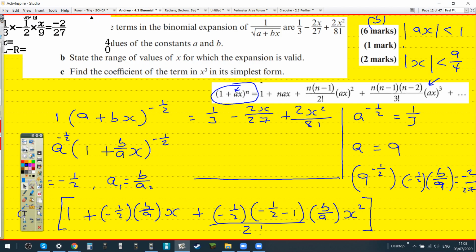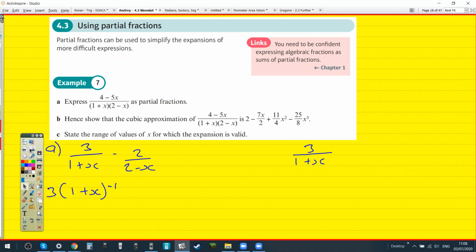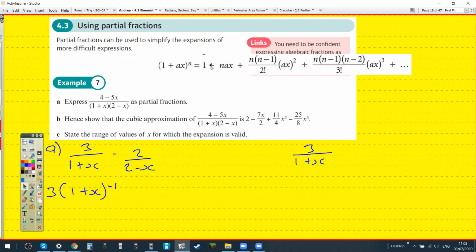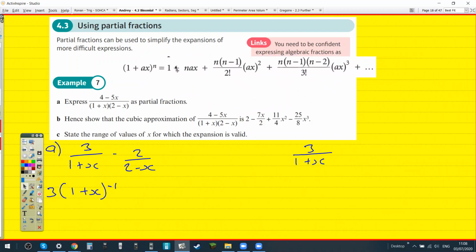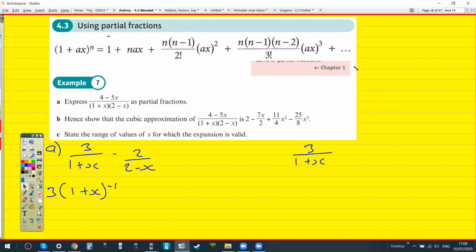No. I'll never forget this formula though. Okay. So they want it up to x cubed.